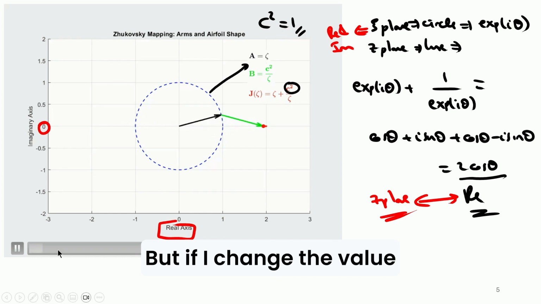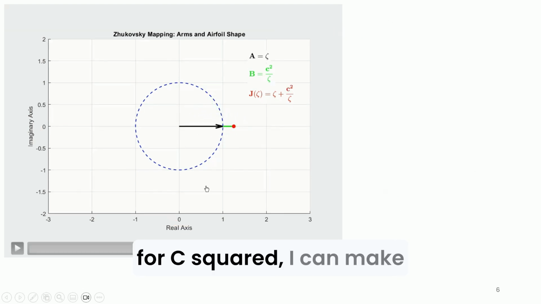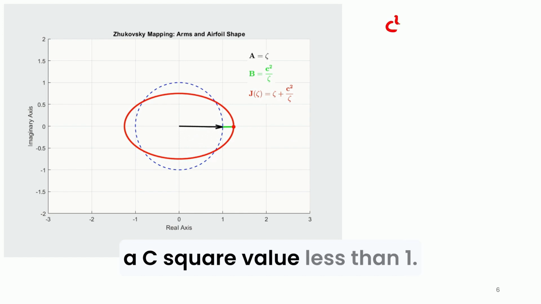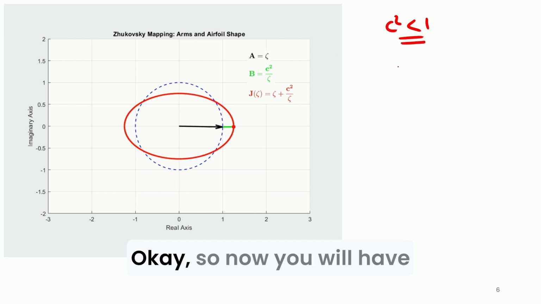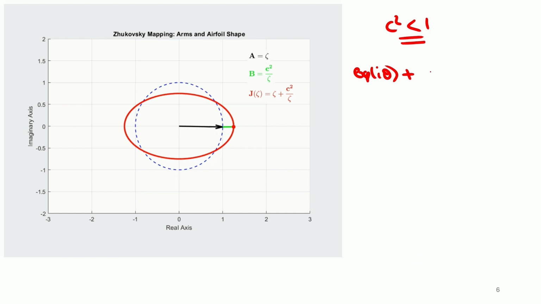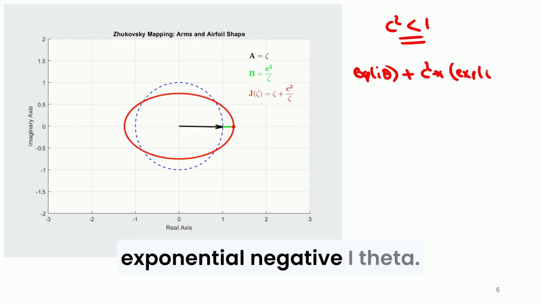But if I change the value for c squared, I can make the c squared value less than 1. Okay, so now you will have the exponential i theta plus then c squared times exponential negative i theta.